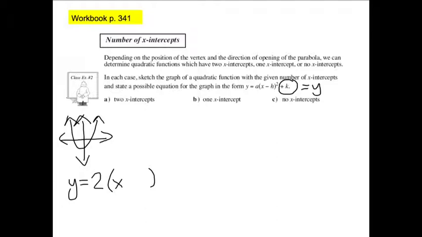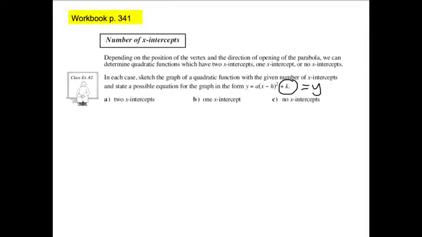So I'm just going to say it is 3. Keep in mind, watch your signs. Now with K, that's the one that really matters because it's going to bring everything up and down. Since it's down here like this, it better be below 0. So I'm just going to say something like -3.